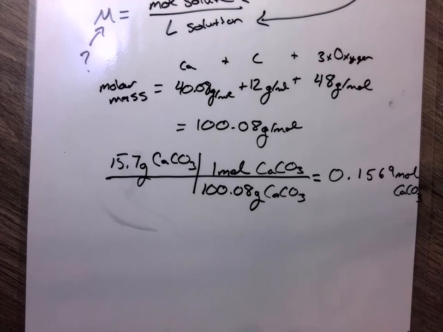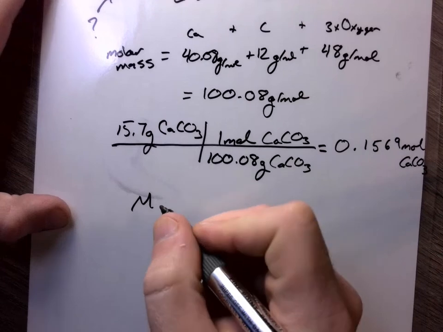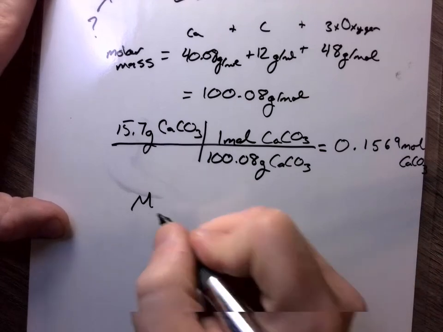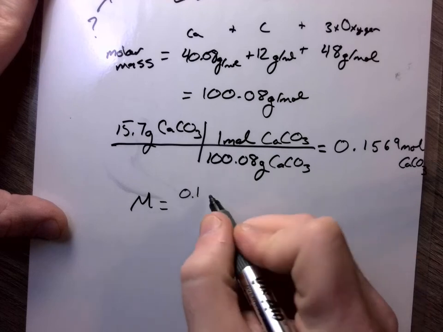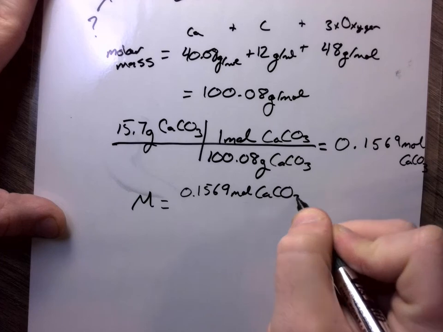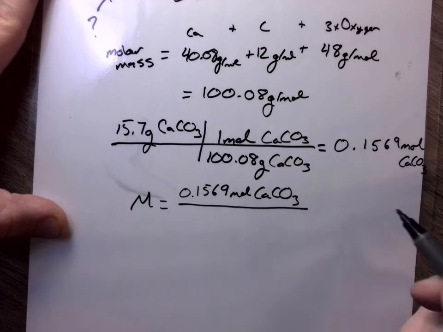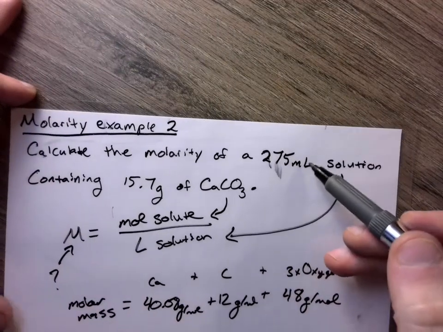So now I'm going to take that information and divide by the volume. So molarity equals moles, 0.1569 moles CaCO3, divided by my liters of solution. Well, I don't have liters, I have milliliters.